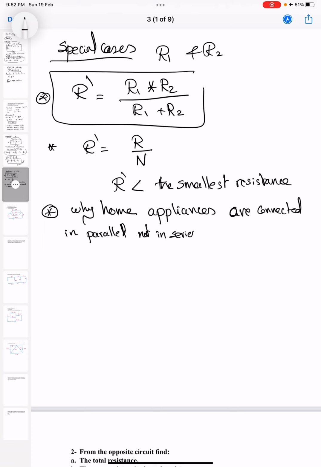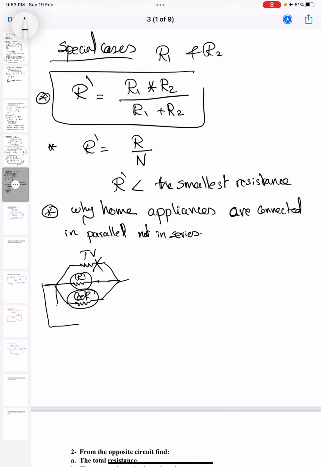Why? Because in parallel, like this, we have TV, refrigerator, cooker. If one of the devices is broken, it does not affect the other devices.